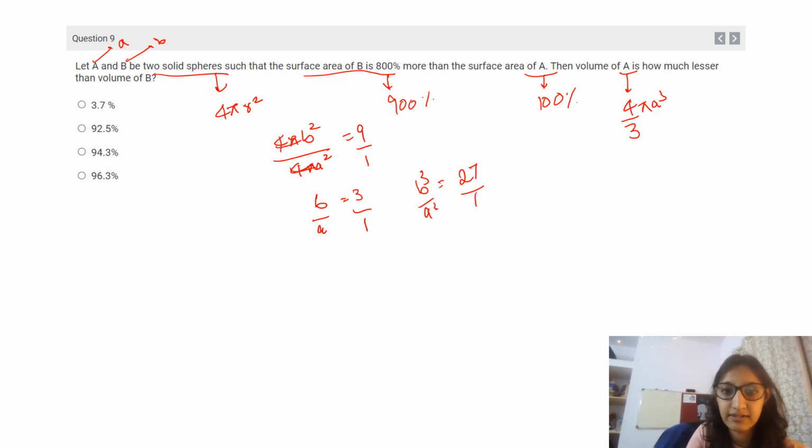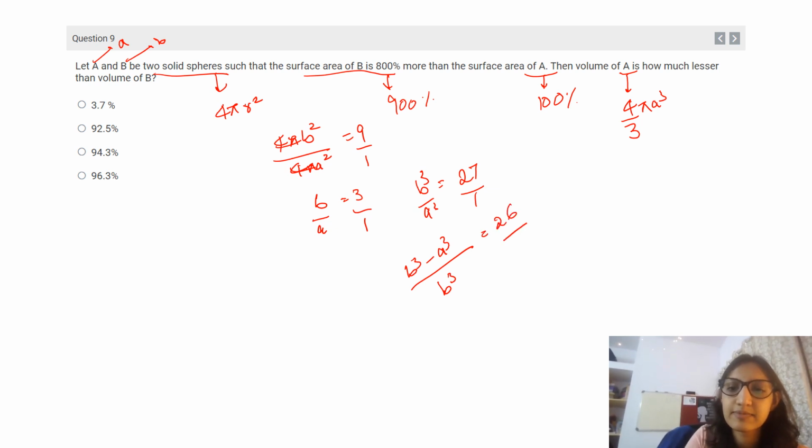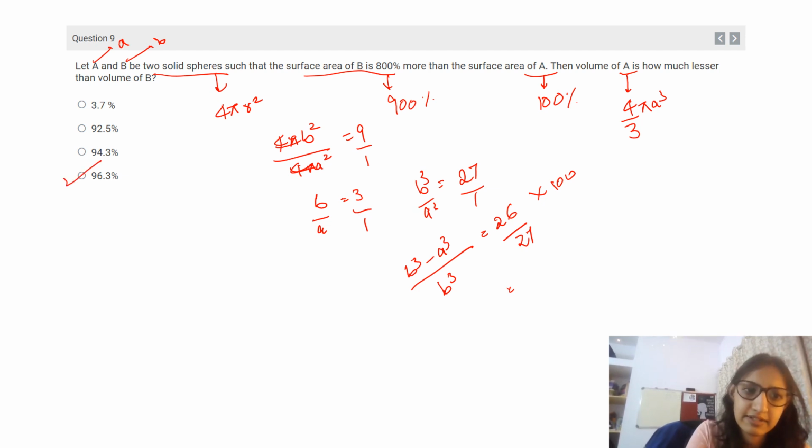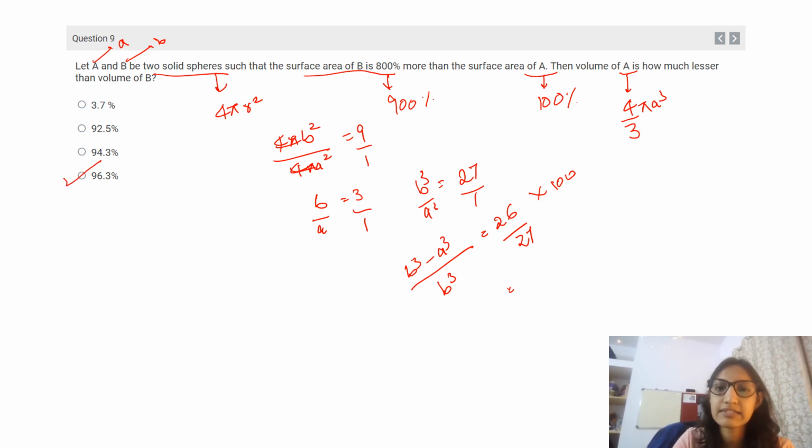So how much lesser is (B cube minus A cube) by B cube? That gives you 26 by 27. And when you calculate the percentage, I think you'll get it somewhere around 96%. Okay, so it's very simple. Just do this calculation and you'll get it.